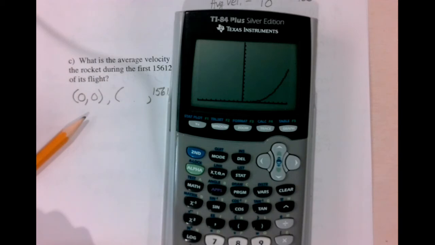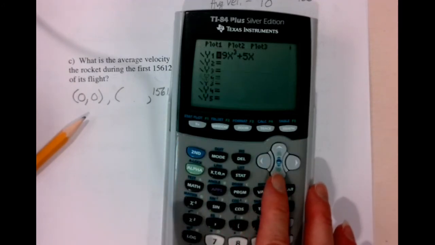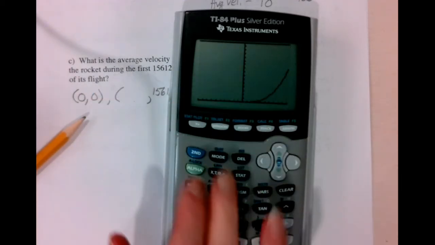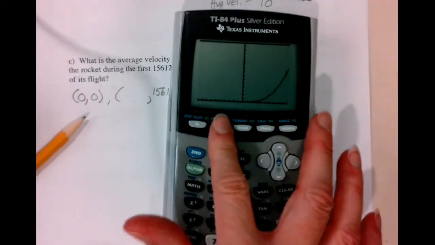And there you can see a portion of that cubic function. Well, what do we care about? We care about the 15,612, so I might have to adjust my window a little. So I'm going to say 15,612 is the target y value. Let's see where that is in comparison to my function. That's way up here at the top. So I'm going to adjust my window so I go over more and I can see this top a little.